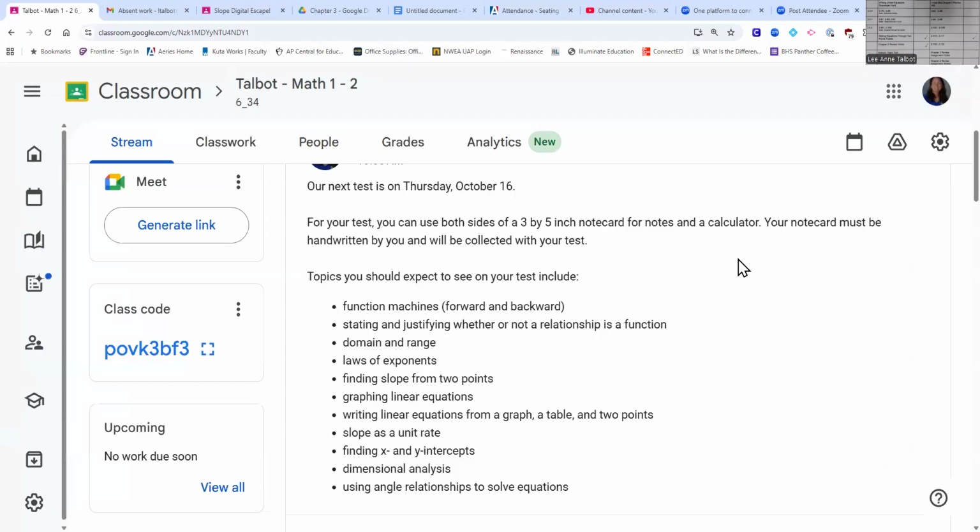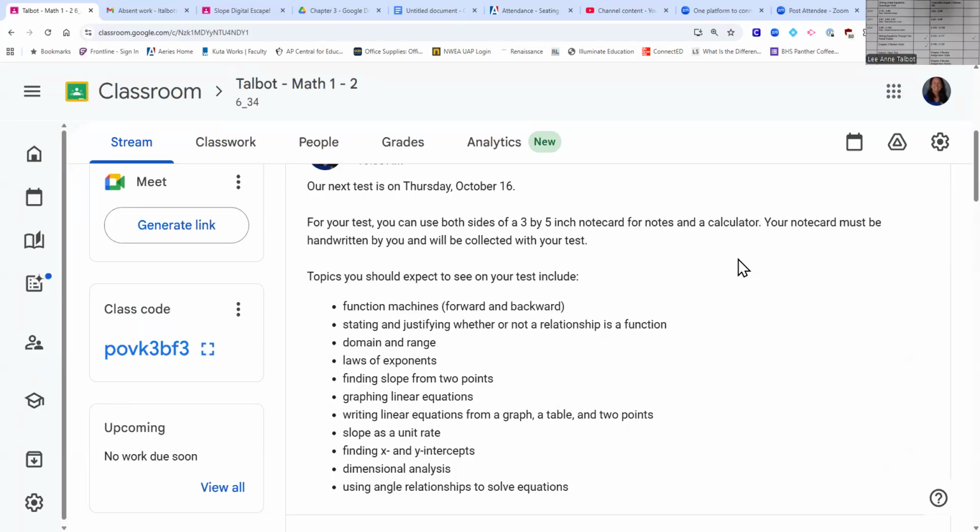Okay, here are your topics. Function machines forward and backward. Stating and justifying whether or not something is a function, and domain and range. That'll be all one problem. Exponents. Finding the slope from 2 points. Graphing lines. Writing equations from a graph, a table, and 2 points. You know what I mean by that?